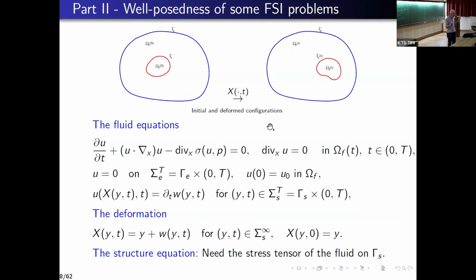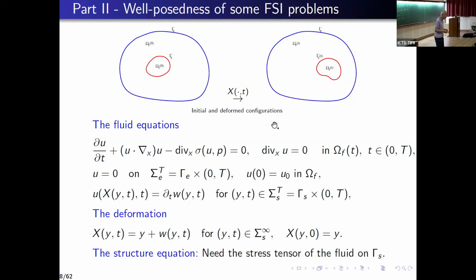Now I have to write the coupling between the Navier-Stokes equation and the elastic part. So more or less, for the elastic part, I write that the force exerted by the fluid onto the elastic body is equal to the force exerted by the body onto the fluid.